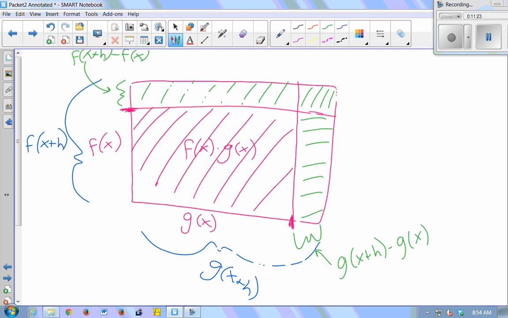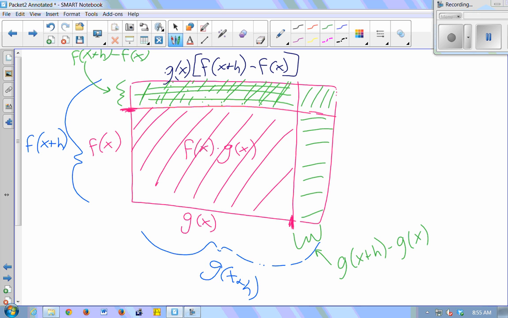All right. So this green bit, excluding the corner, what's its area? Times g of x, right? The length of that rectangle is g of x. So this is g of x times f of x plus h minus f of x. I like having an f of x plus h minus f of x.